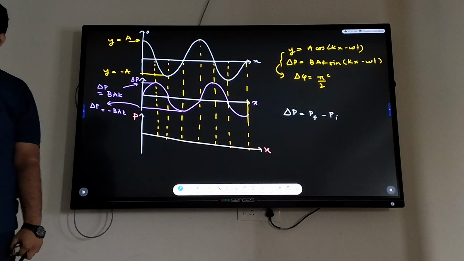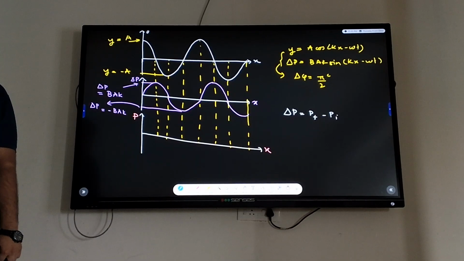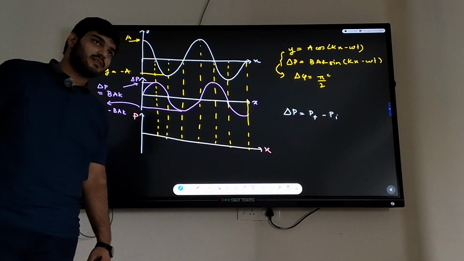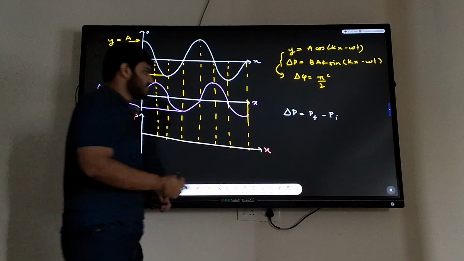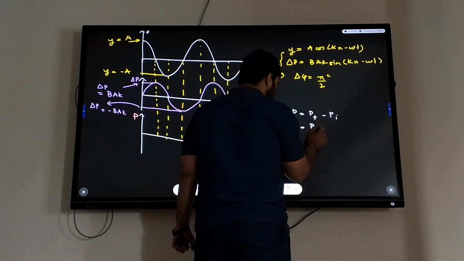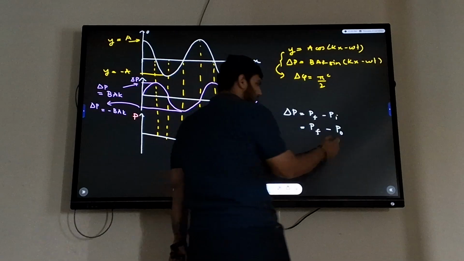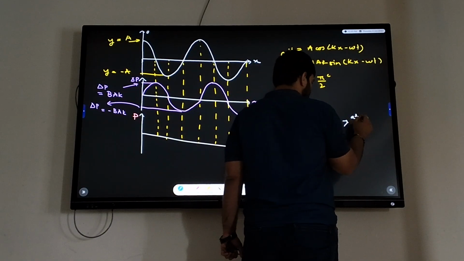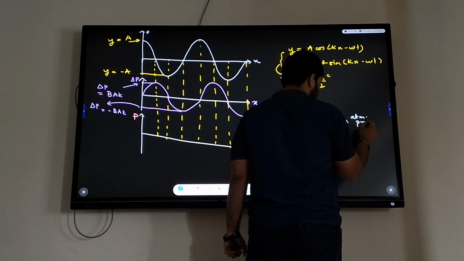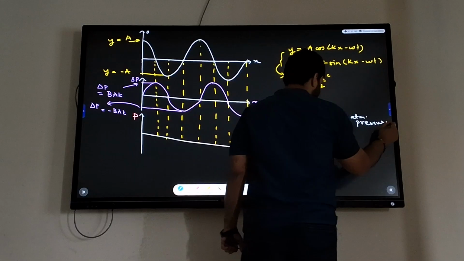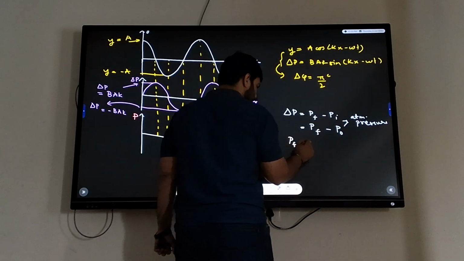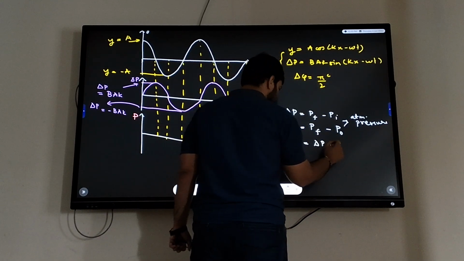What is the pressure of the medium then? 1 atm, right? That's atmospheric pressure. So what will you get then? Let me call it P naught, and this P naught I will call atmospheric pressure. Then the pressure finally is delta P plus P naught.